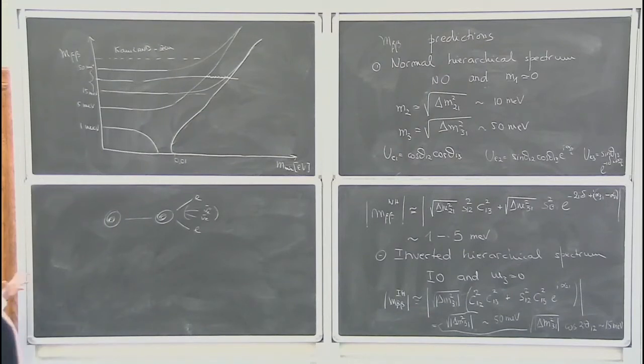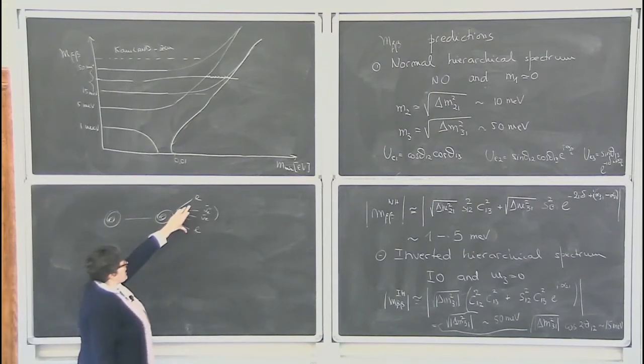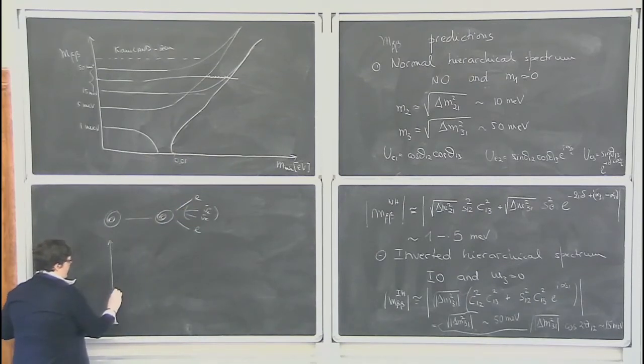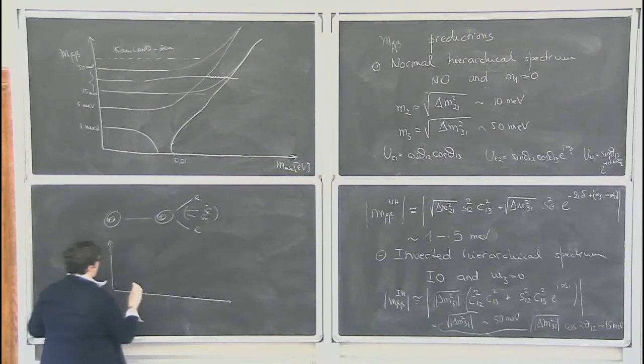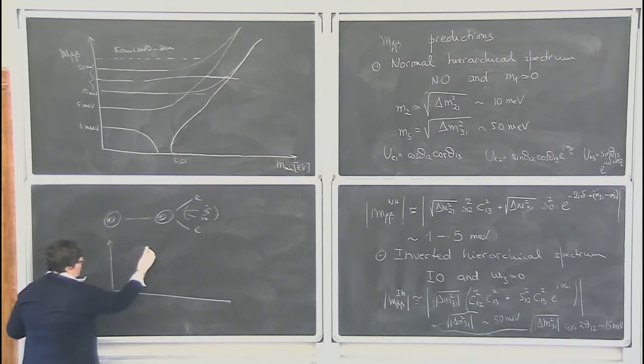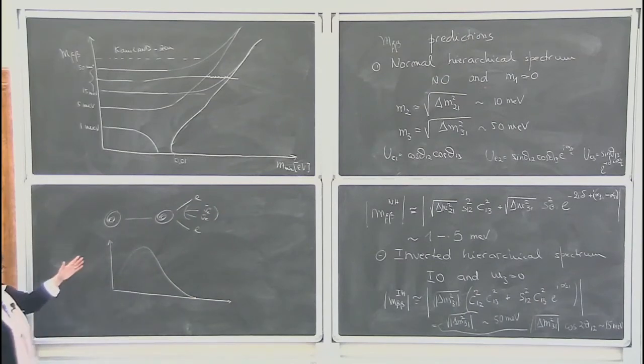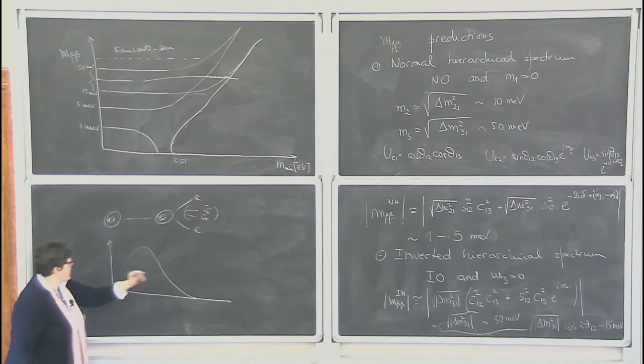So in these experiments, what you can measure is the energy of the 2 electrons, and if you look at the spectrum of the electrons, in the 2 neutrino double beta decay you will have a spectrum, because the antineutrinos carry away some energy, and therefore you will end up with the spectrum here.